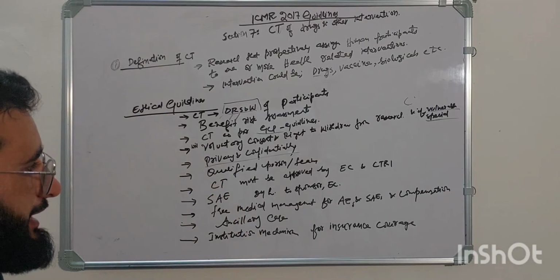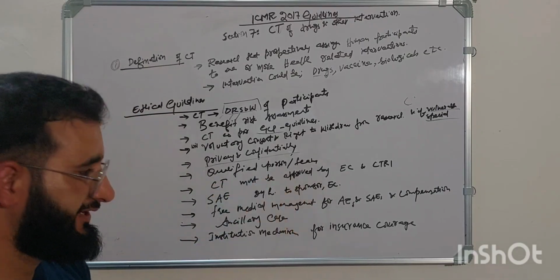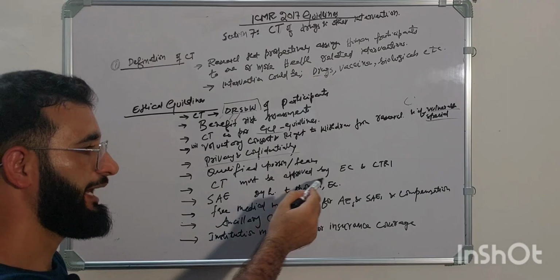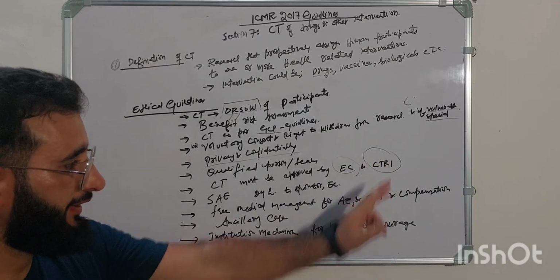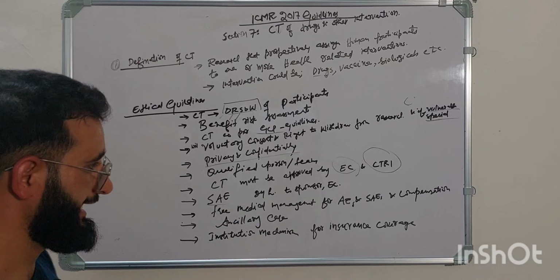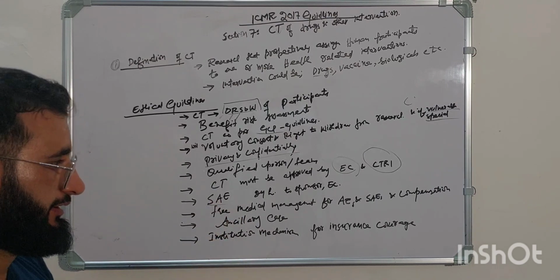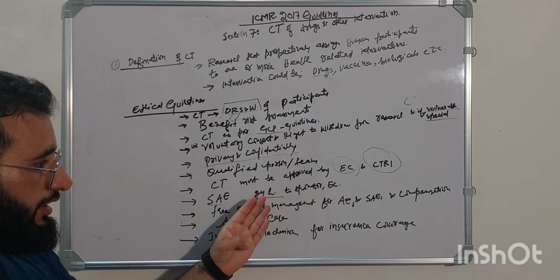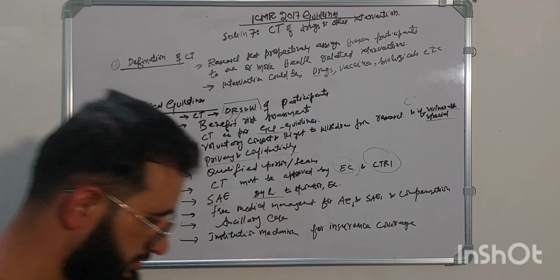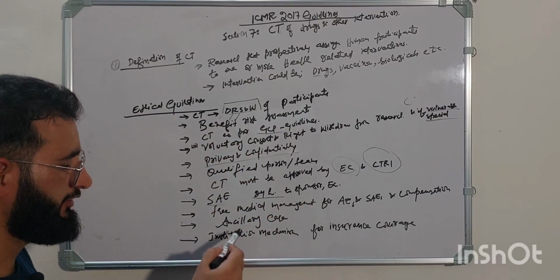The clinical trial should be carried out by a qualified person or qualified team, and must be approved by the ethical committee and registered with the Clinical Trial Registry of India. Any spontaneous adverse event should be reported within 24 hours.